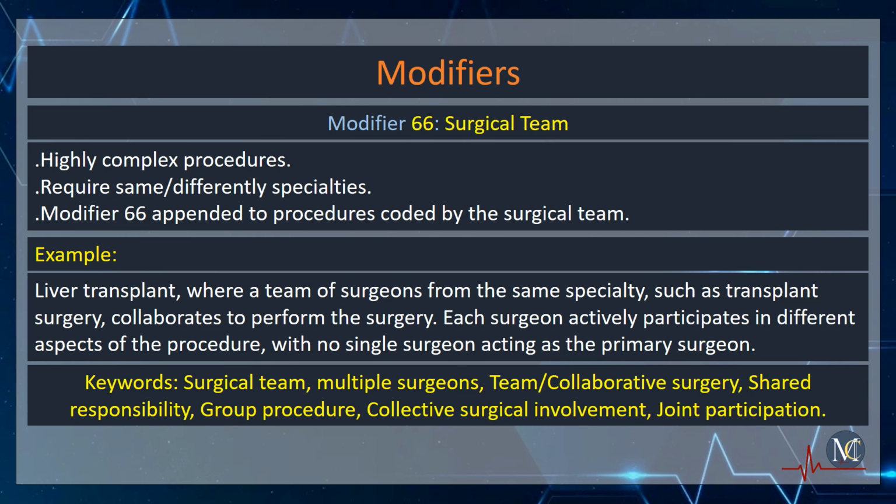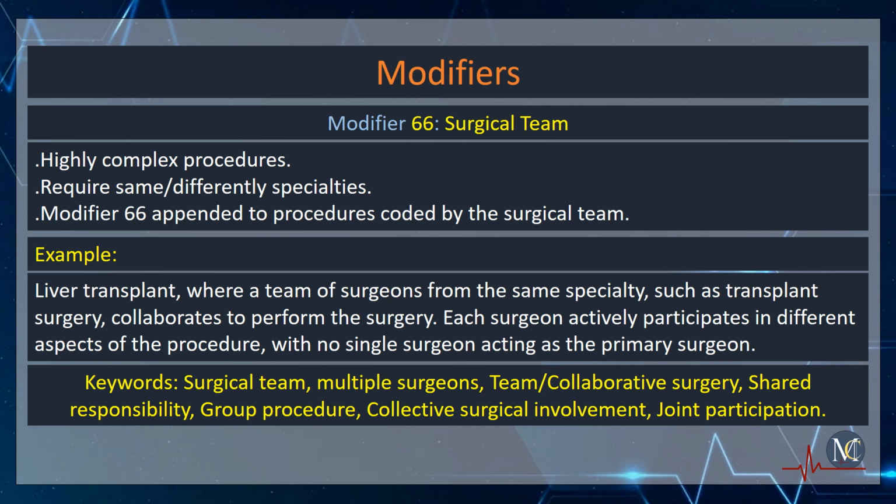An example of CPT modifier 66 would be a complex surgical procedure such as liver transplant, where a team of surgeons from the same specialty such as transplant surgery collaborates to perform the surgery. Each surgeon actively participates in different aspects of the procedure with no single surgeon acting as a primary surgeon.